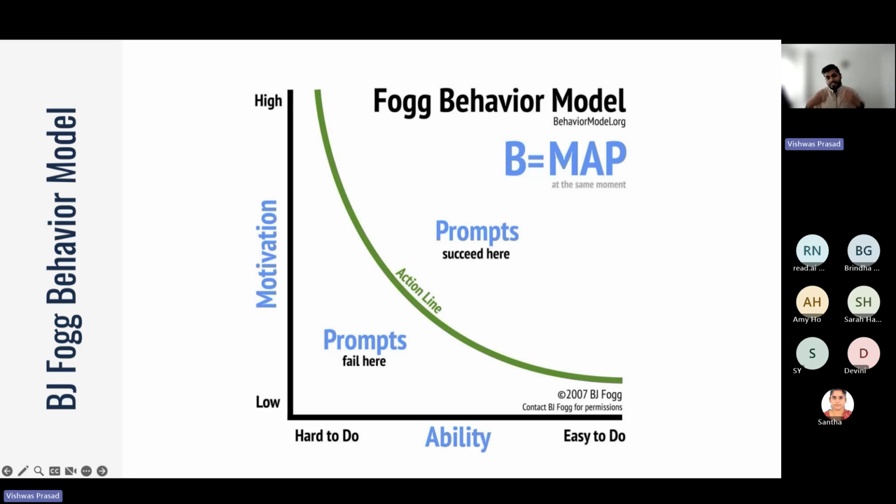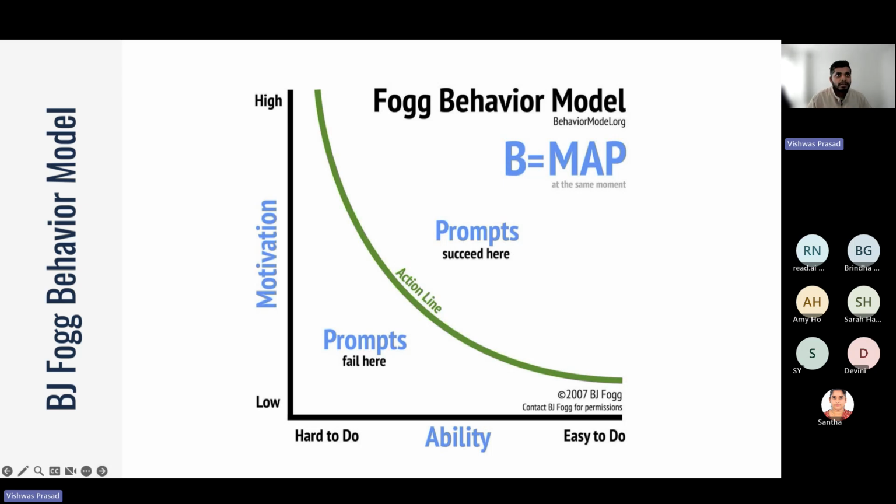If the user's motivation is really high, or if it is very easy to perform an action, then this model says that users will take the action without a lot of prompting. So be it getting the users to subscribe to your premium plans, or getting the user to make a purchase on your app, or getting the users to engage with an advertisement so that you can generate revenue, or getting the users to invite their friends, or whatever, right?